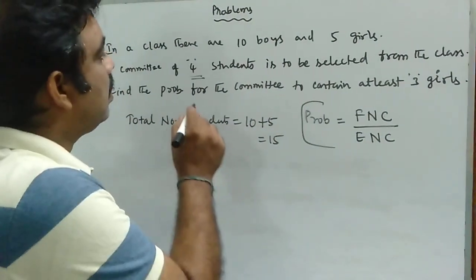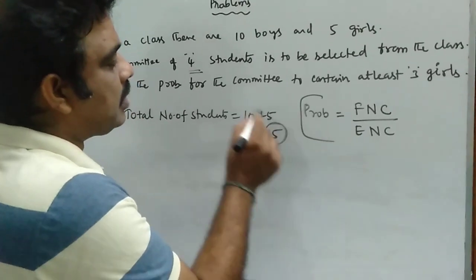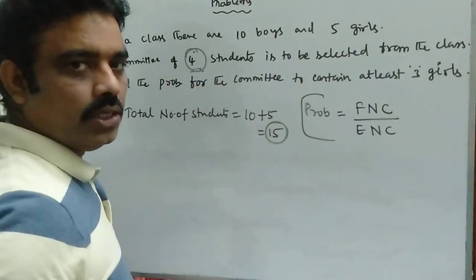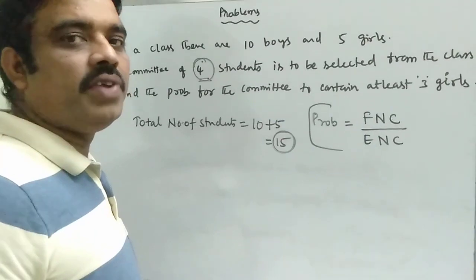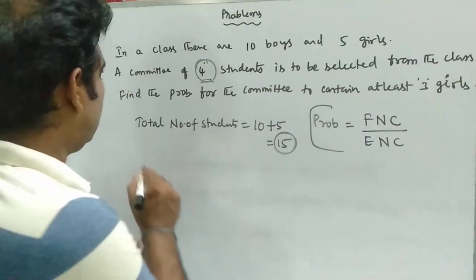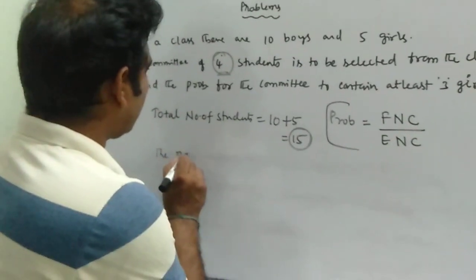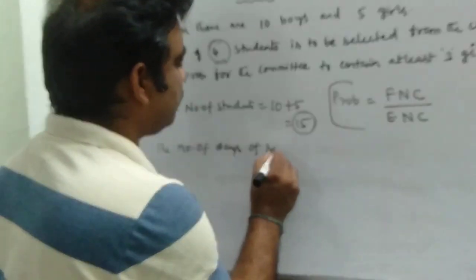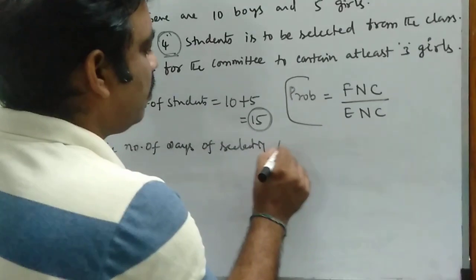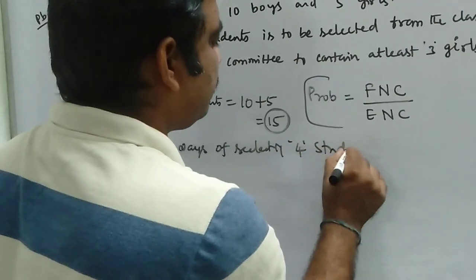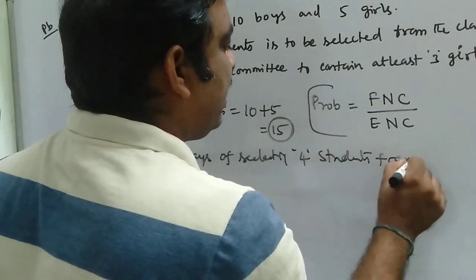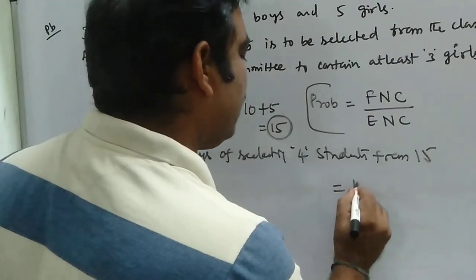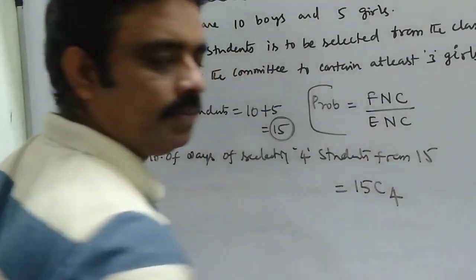That means from 15 students we have to select 4 students. So that can be done in 15C4 ways. The number of ways of selecting 4 students from 15 is given by 15C4.